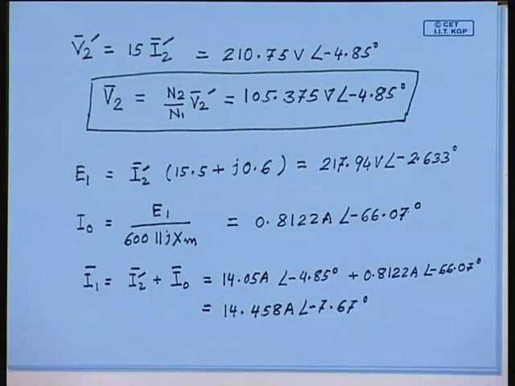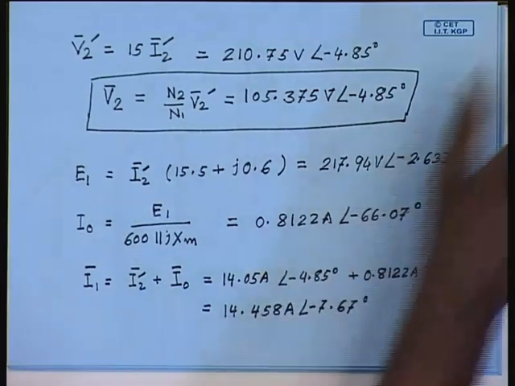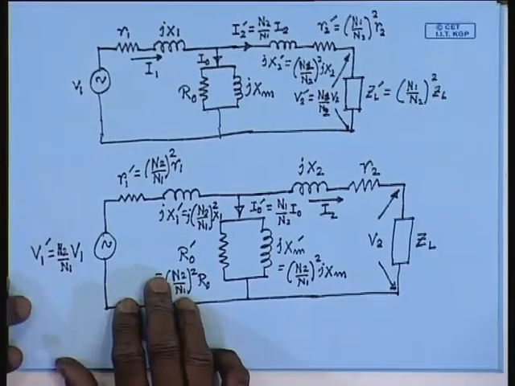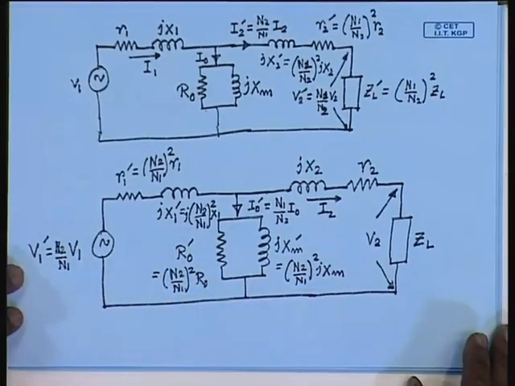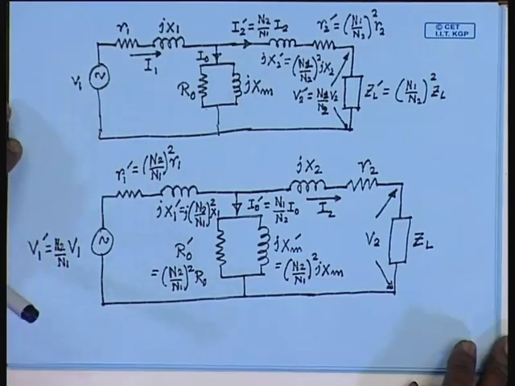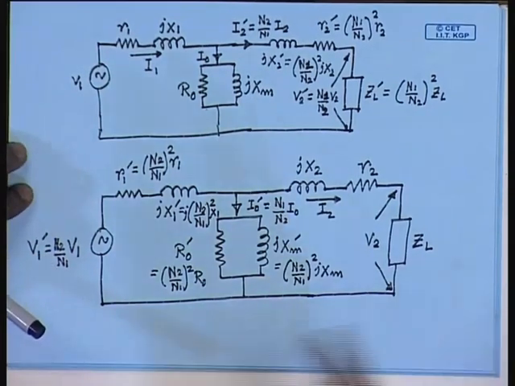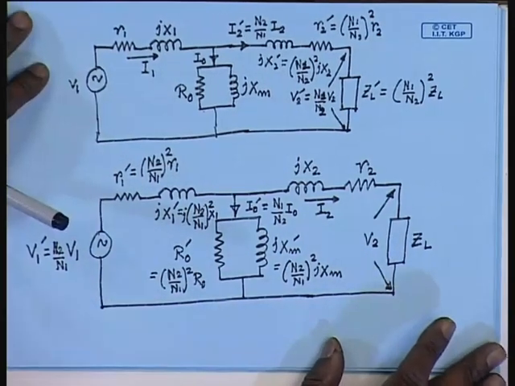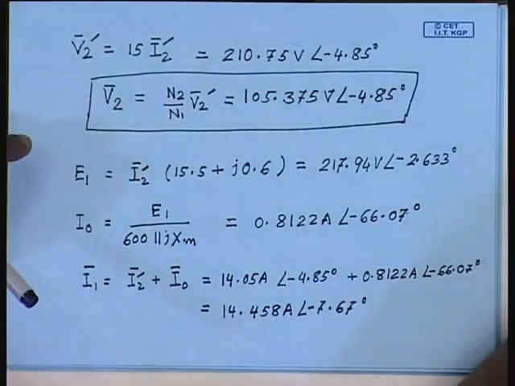So, that shows how to use this equivalent circuit to compute different variables, voltages and currents at different parts of the transformer. And it will be interesting to solve the same problem using the equivalent circuit referred to the secondary, but this is left as an exercise.